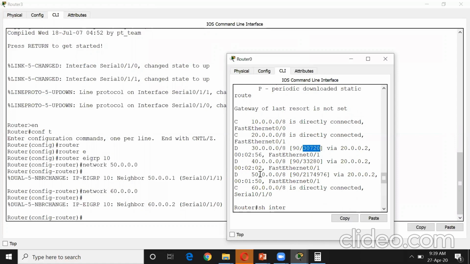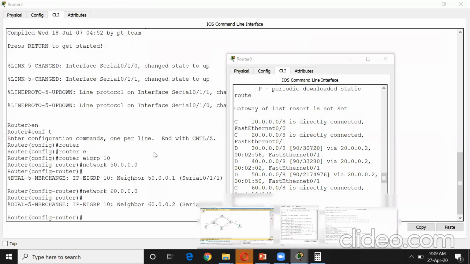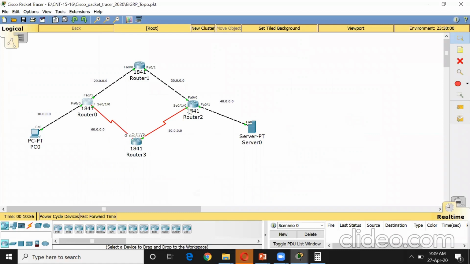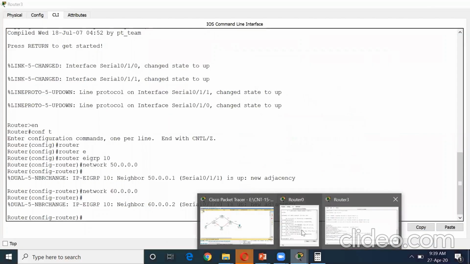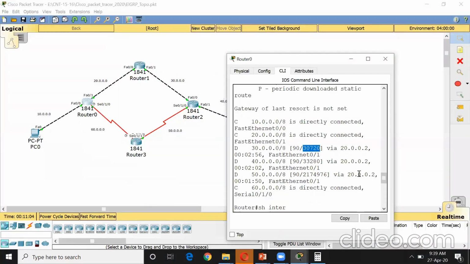But here, if you see network 50, this is router 2 to router 3, that is network 50. First you need to observe in the routing table, the network 50 route is via 20.